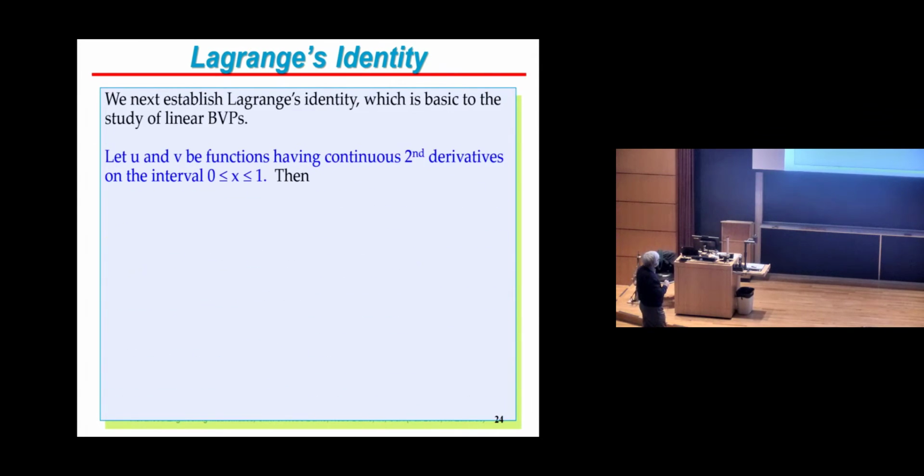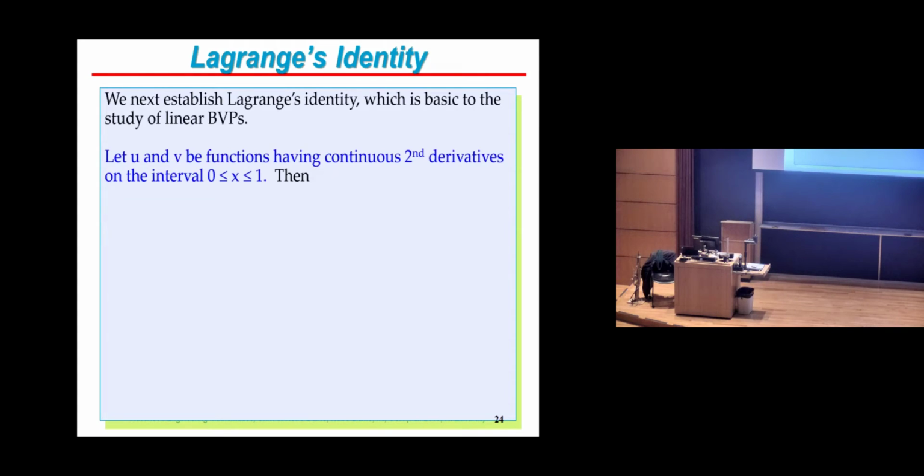Okay, one of the most important derivations in the lecture today, extremely fundamental, right? So I'm going to take two arbitrary functions, u and v. They're arbitrary, but they have continuous second derivatives, which means basically I can differentiate them, and the second derivatives are continuous in the interval 0 to 1. So apart from that, they're arbitrary.